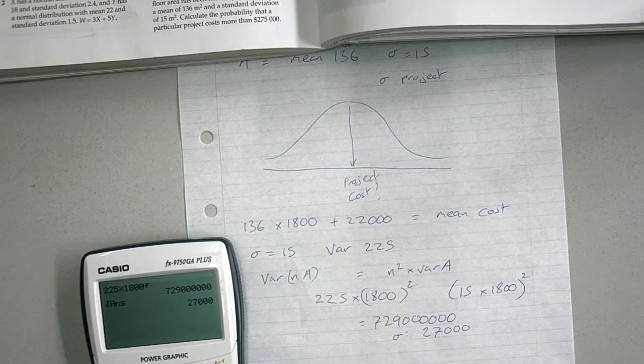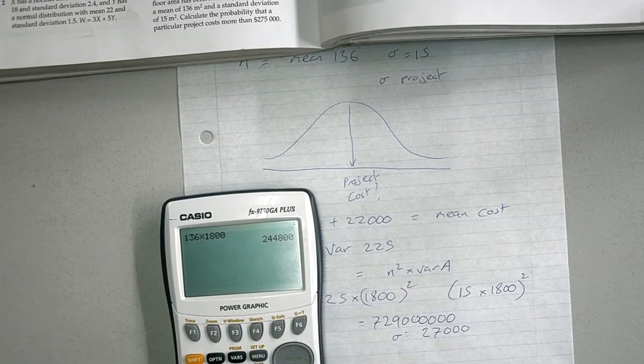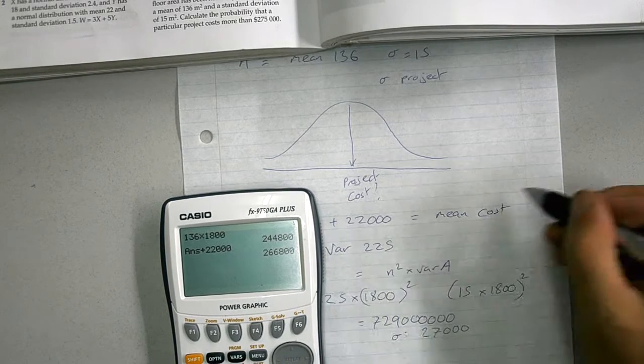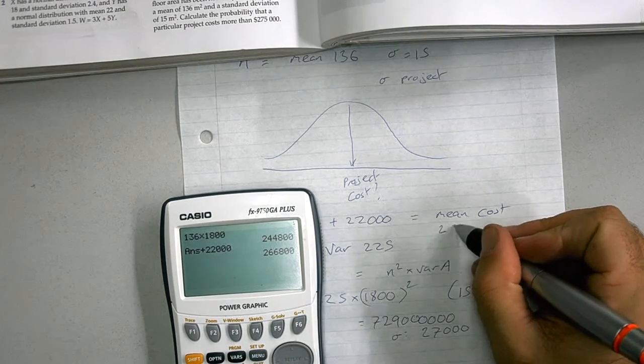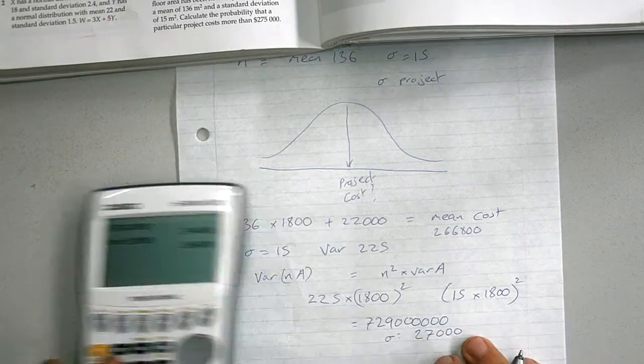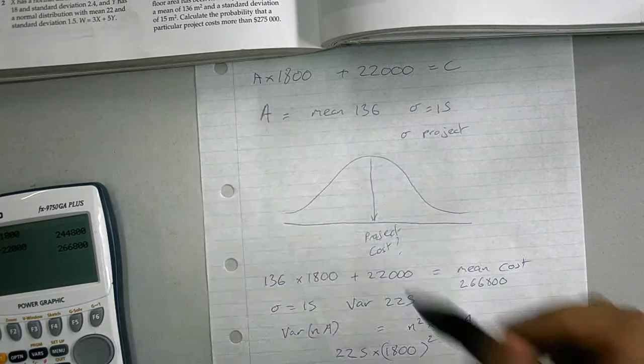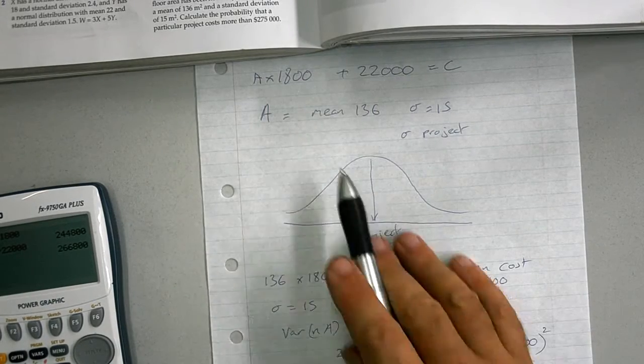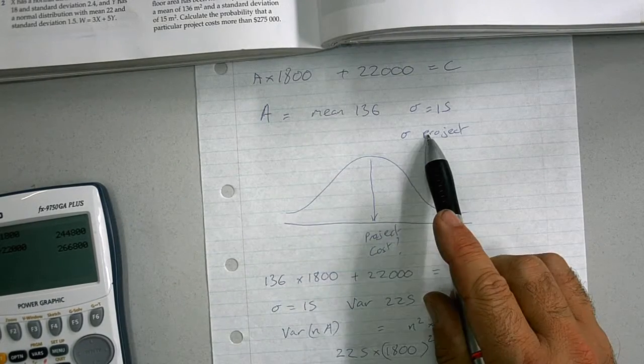Now we haven't done this bit yet for the mean cost. That's 136 times 1,800 plus 22,000. So your mean cost is going to be 266,800. Now I can't do this without that mean and that standard deviation.